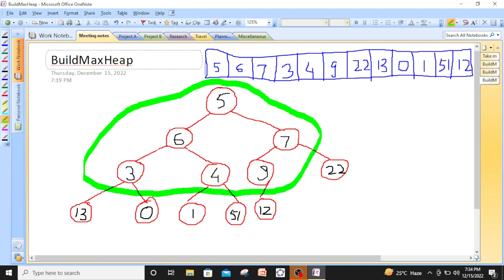So the first node to be max heapified here is 9. So I take 9 with its children. I show that part.